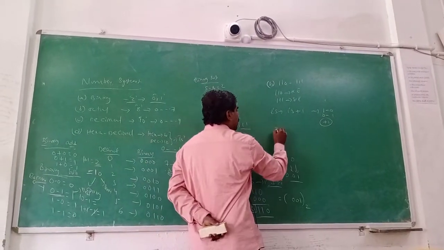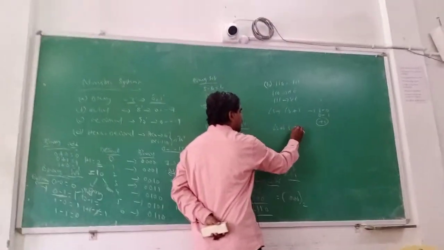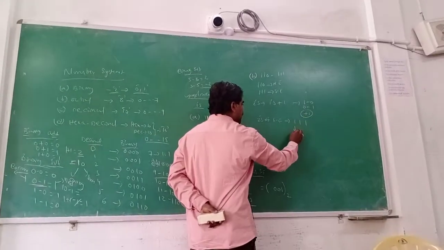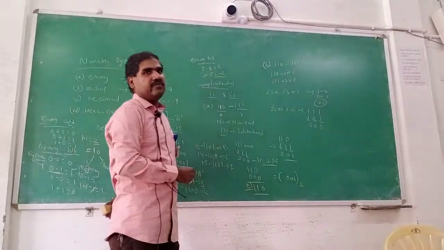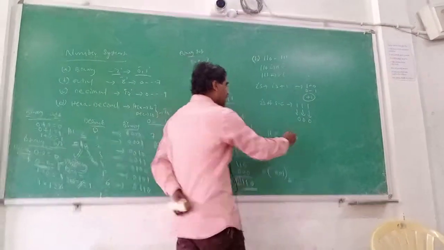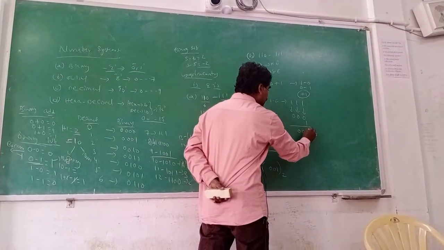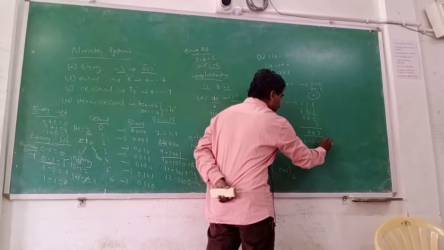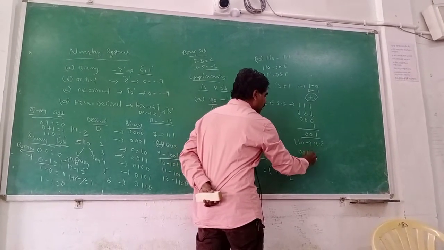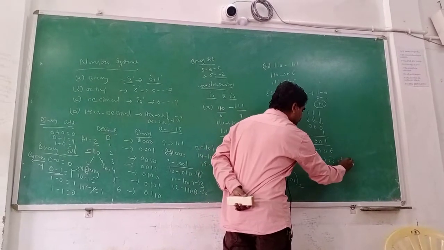Two's complement of subtrahend 111: simply replace 1 with 0, then add 1 to the LSB, giving 001. Next 110 minuend, 001 the two's complement of the subtrahend.